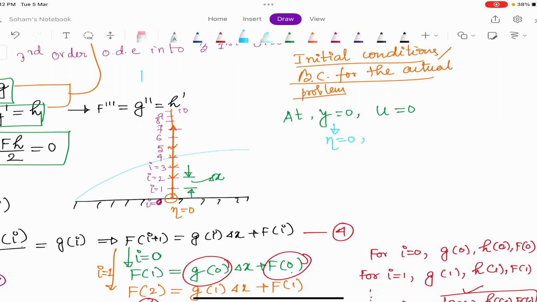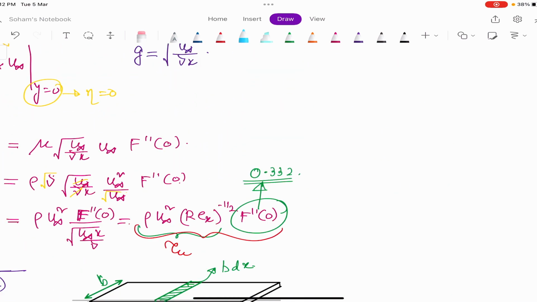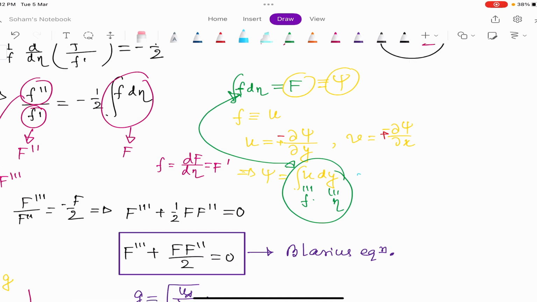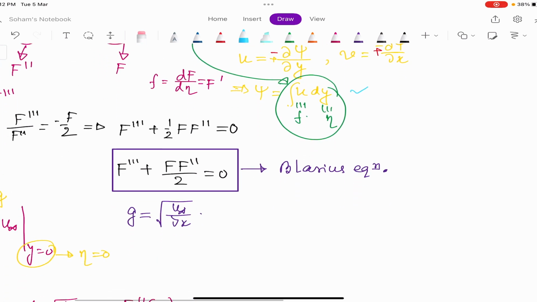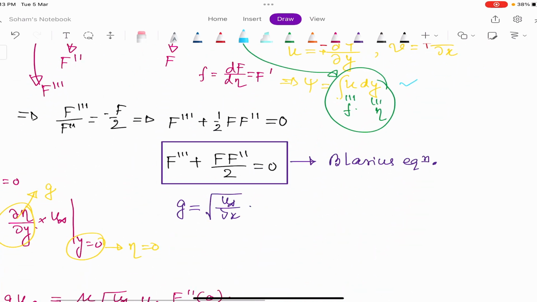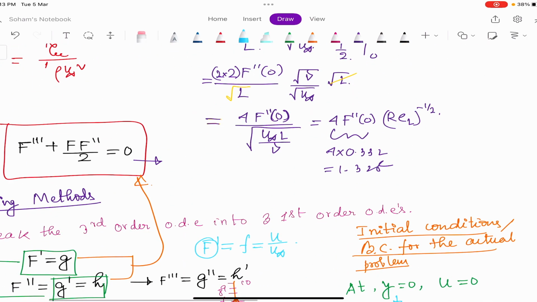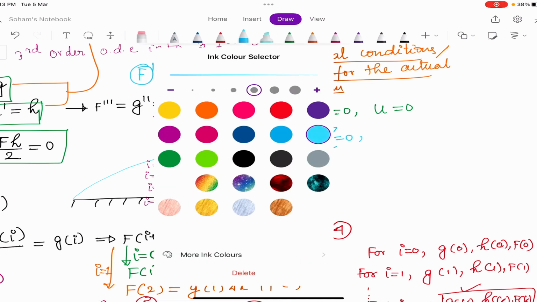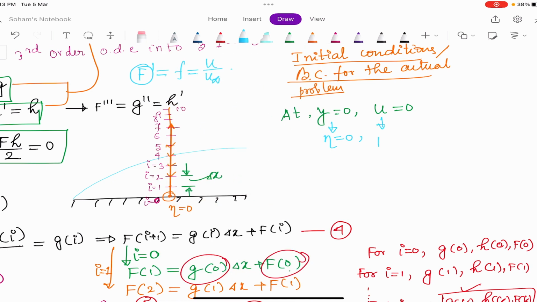So f dash, that is small f, and that is equal to u by u infinity, and f was analogous to the stream function that I have shown here, that how f is analogous to the stream function. So the derivative of f is analogous to u, so this will be f dash.